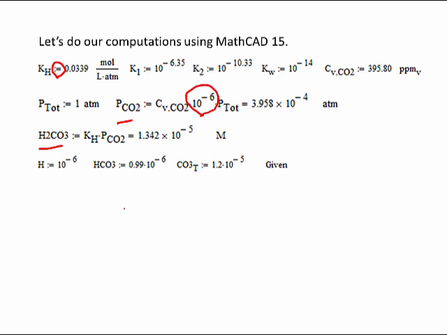In order to implement a numerical method, we of course need to give guesses for the 3 principal unknowns. We'll figure that the hydrogen ion concentration should be about 10 to the minus 6th molar, or pH about 6. Bicarbonate ought to be somewhere close to that value, and the total carbon ought to be something on the order of 10 to the minus 5th molar.